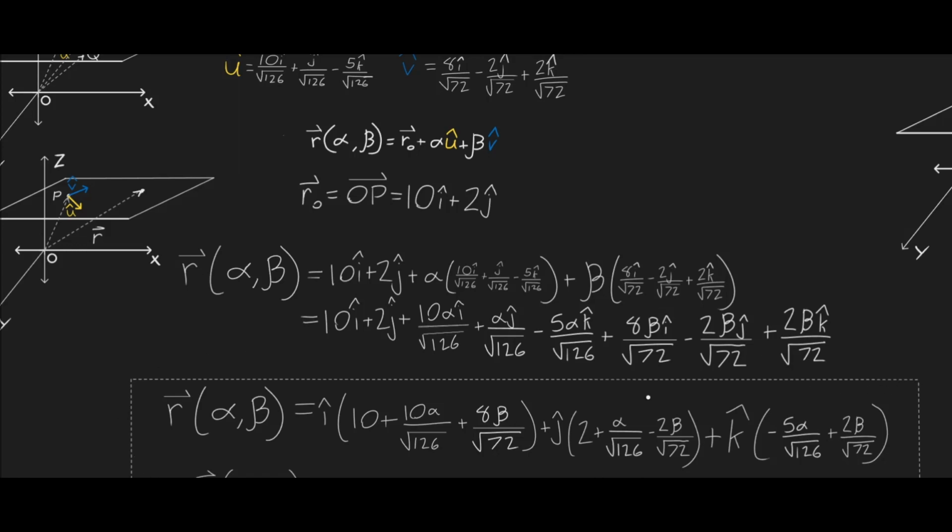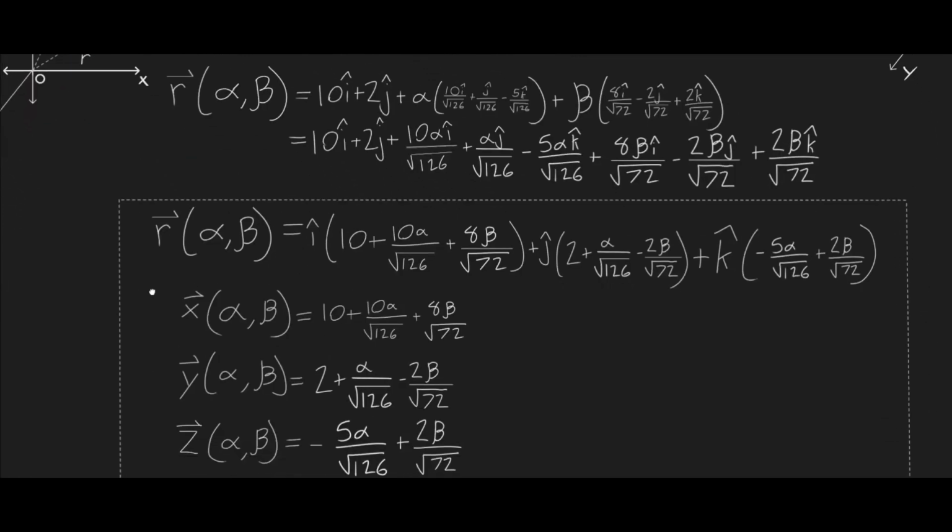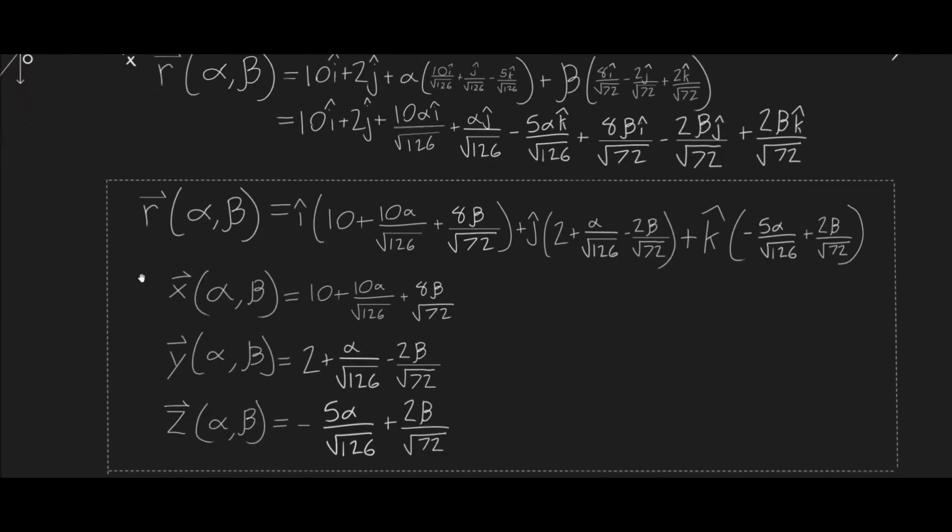Now, since this is a parametric equation, you can also express this as three different equations for each of the components, just as we did in the last video for the line. Except that in this case, each of the components will have two parameters instead of one.